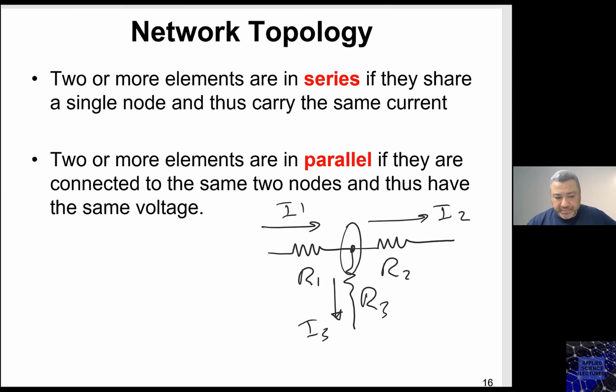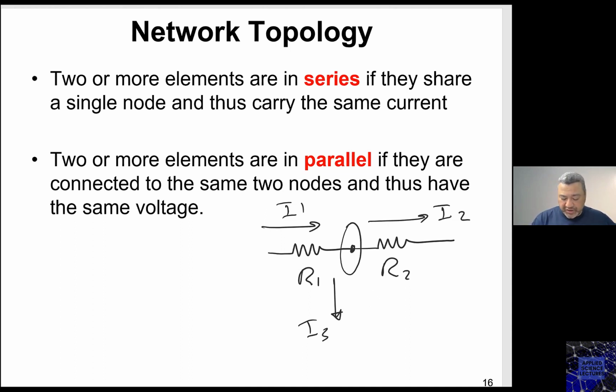What do you mean? Doesn't matter. I'm looking at the case of R1 and R2. As long as there is some other component that is sharing this node, this is going to result in a split in the current. So I1, this current in R1, is not the current going in R2. This means R1 and R2 are not in series.